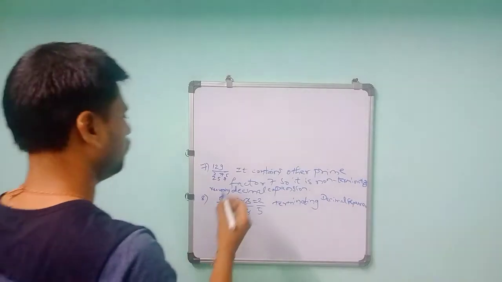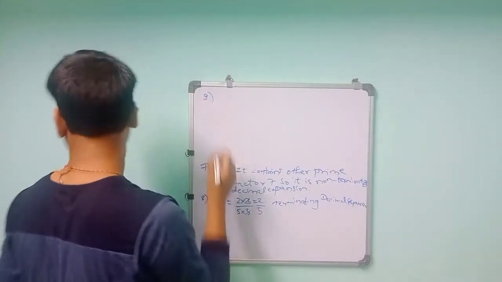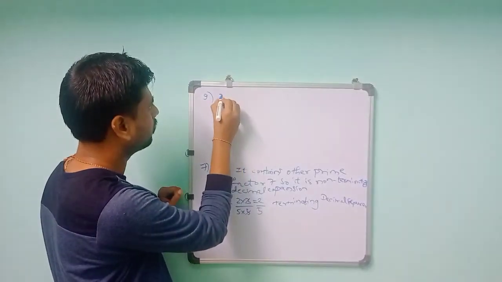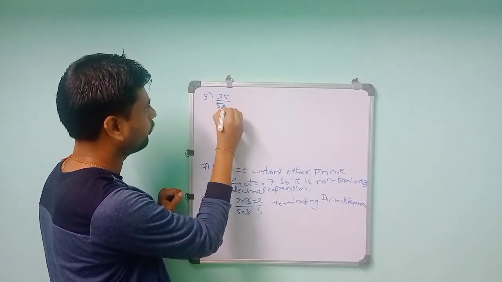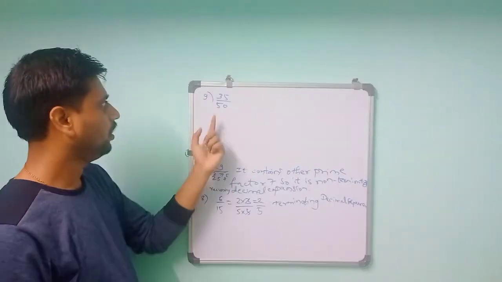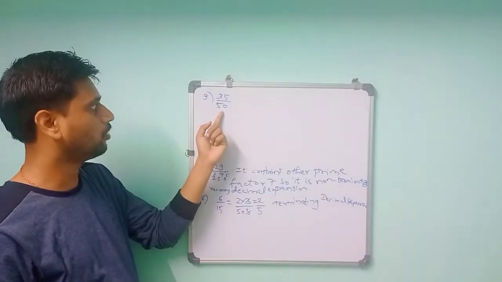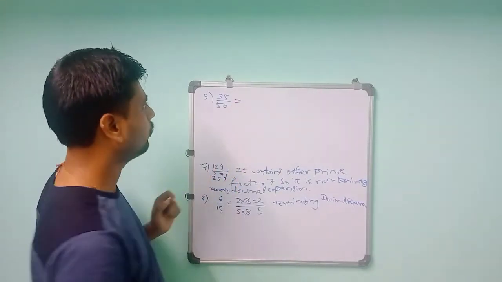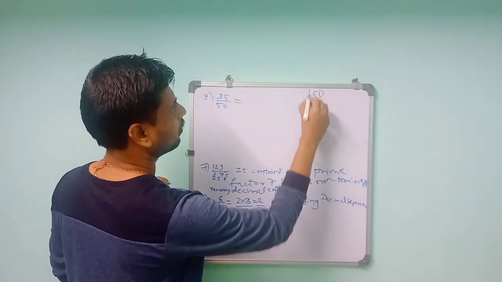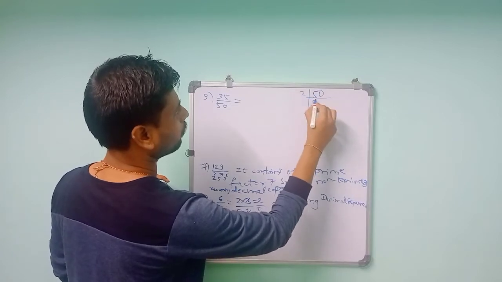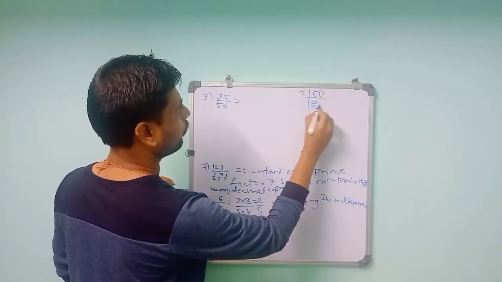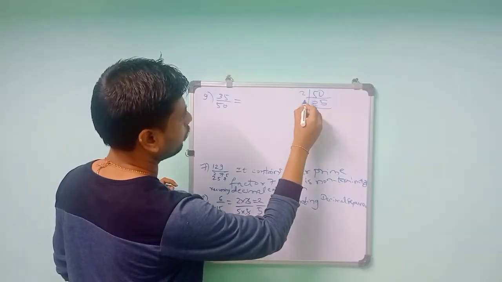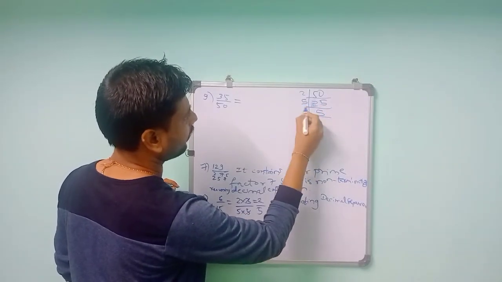9th problem. 35 by 50. What I told first, if it is even, you can try for 2 only, so you can try 2 and also 5. If you don't know prime factorization, you do it like this: 2 2s are 4, 1 to next, 10 means 2 5s are 10, then 25 is an odd number, so you can take 5 5s are 25, then 5 1s.